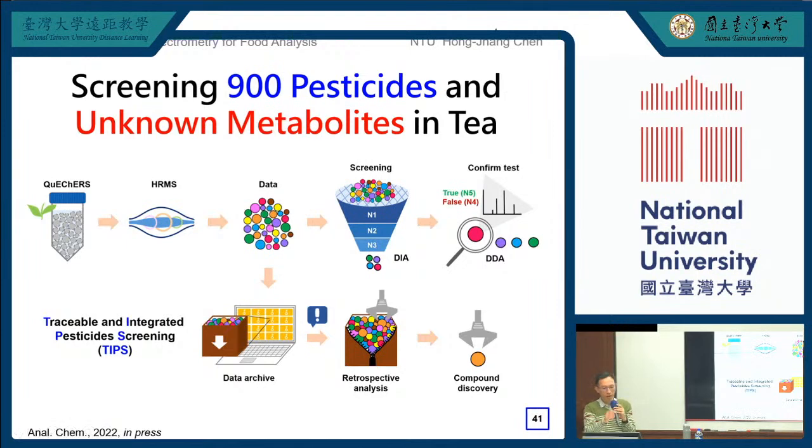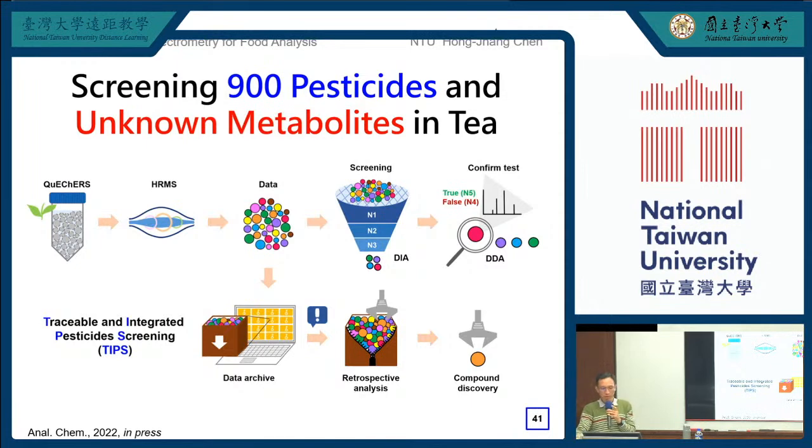What that means is, after we use the pesticide in agriculture, it will be transformed by itself or by microbiota. The pesticide will transform into another metabolite, and these metabolites may be unknown. So I want to do that.